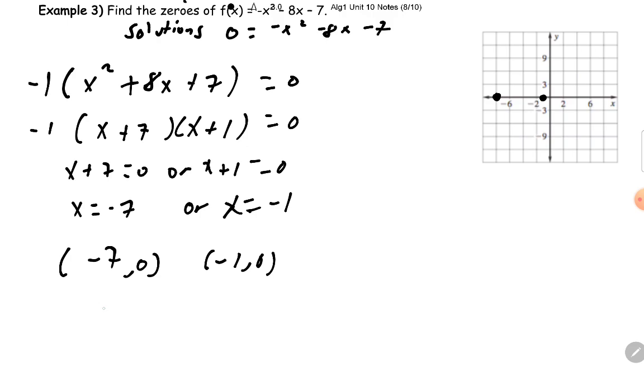So remember, this is in intercept form. If we're in the intercept form, our axis of symmetry is x equals p plus q over 2, in which p is negative 7 and q is negative 1. So negative 7 plus negative 1 is negative 8, divided by 2 is negative 4. So that is where our axis of symmetry is.